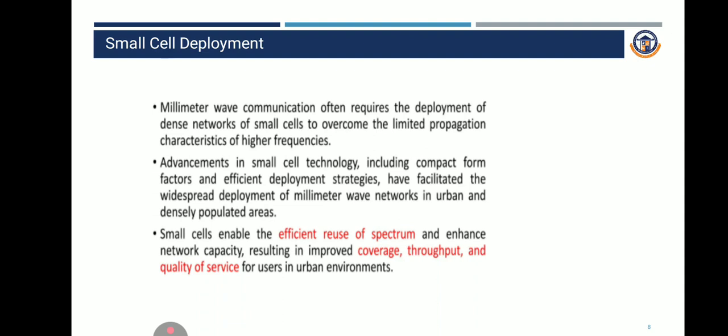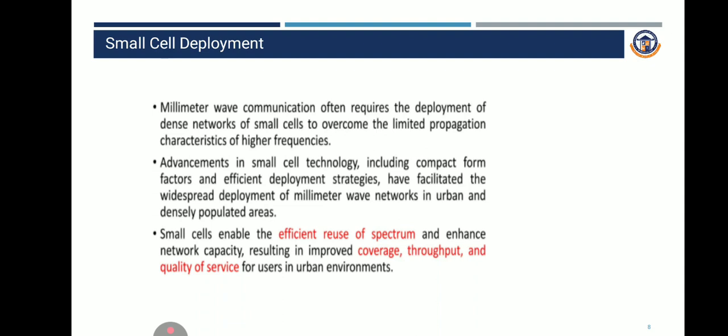So small cells are essential for providing consistent experiences for subscribers. Small cells are also often deployed on street poles. They can also be combined with lighting poles to conceal electronics, power and connectivity. They can also be deployed indoors and outdoors. They can operate in different frequency bands also.